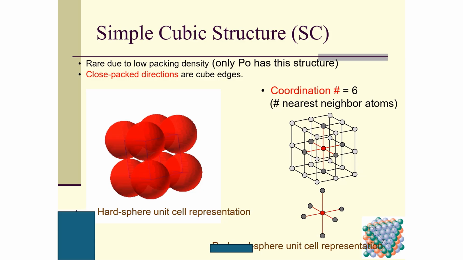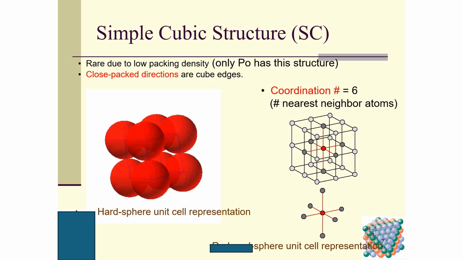The coordination number is the number of nearest neighbor atoms. You can use this configuration to count the number of nearest neighbor atoms for any specific atom. For example, this one has 1, 2, 3, 4, 5, 6 nearest neighbor atoms.